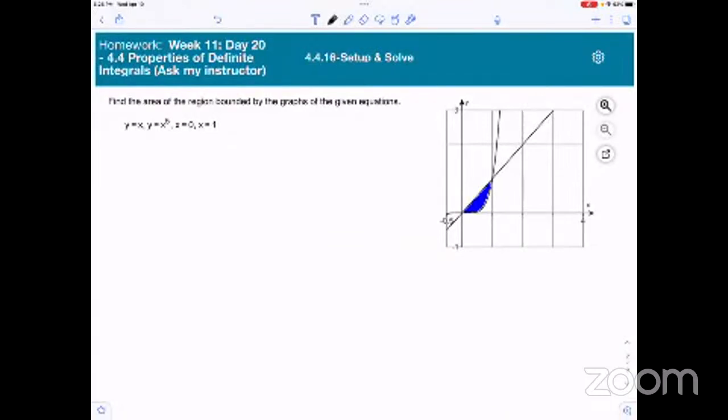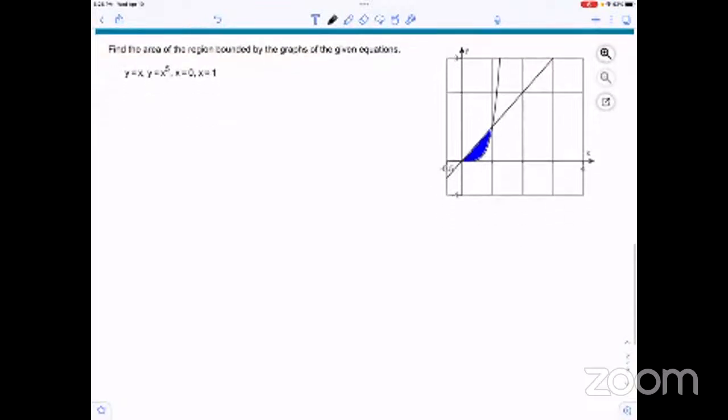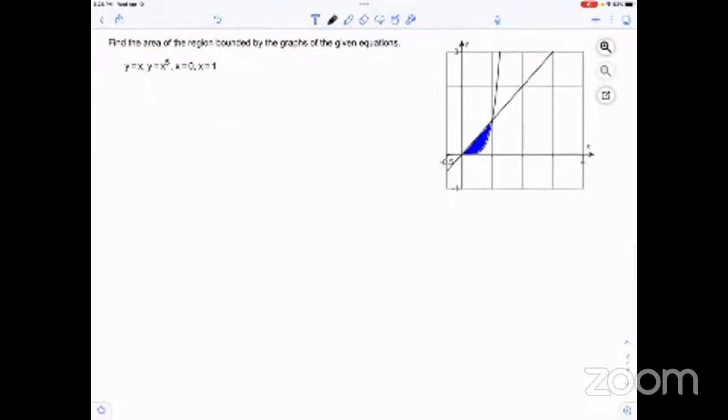Find the area. When we're doing this integral, we need to say the top function minus the bottom function. So we're going to take the integral as x goes from 0 to 1. The top function looks like it's y equals x. So we're going to say x minus x to the power of 5 dx. And I think that's the setup there.